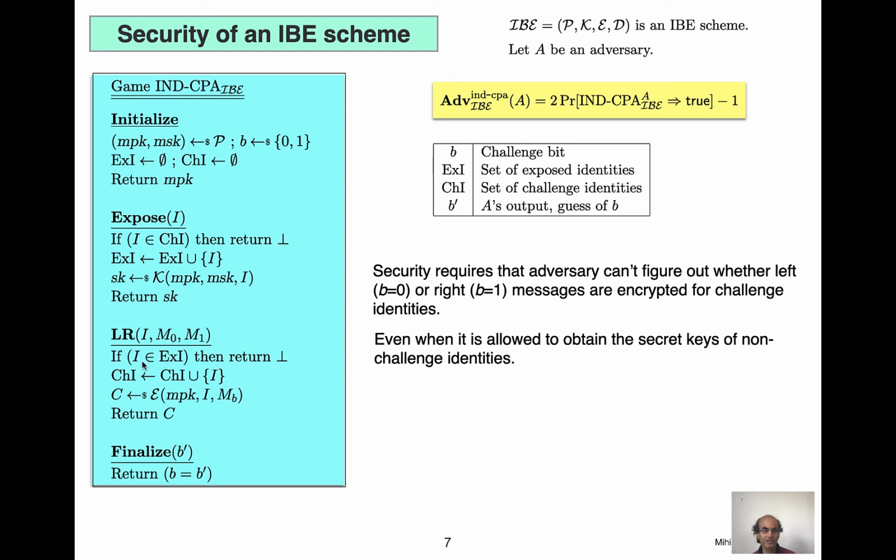So whenever you call LR, if that identity has already been exposed, then the oracle will say, no, I'm not going to give you the ciphertext. Otherwise, it will record this as a challenge identity by inclusion in this set. Correspondingly, when you call expose, it will say, if this is a challenge identity, I'm not going to give you the secret key, but otherwise I will include it in the set of exposed identities. And with that, the definition becomes both strong and non-trivial.